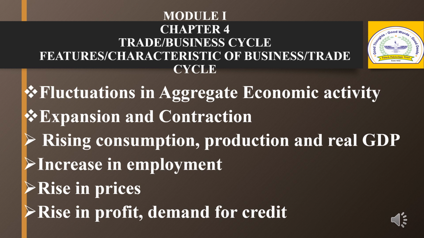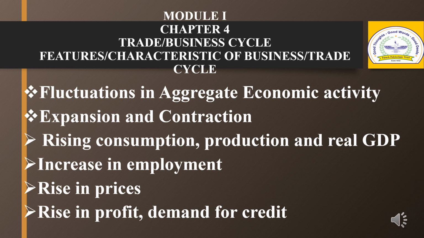So let's start with the features or characteristics of business cycle or trade cycle, which are classified into two different categories. Firstly, fluctuation in aggregate economic activity, and secondly, expansion and contraction. Now let's start with the explanation of the first point, fluctuation in aggregate economic activity, where the trade cycle involves fluctuation in the level of aggregate economic activity rather than fluctuation in a single specific economic variable.